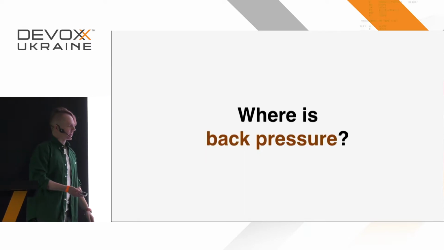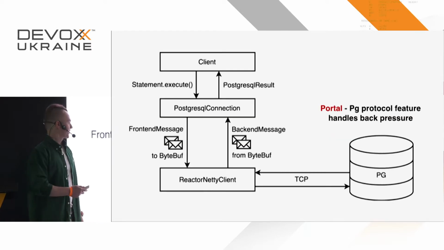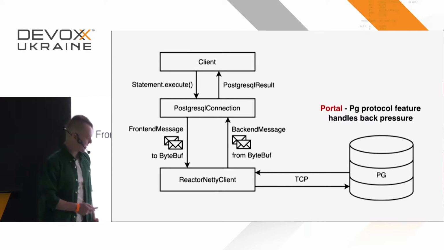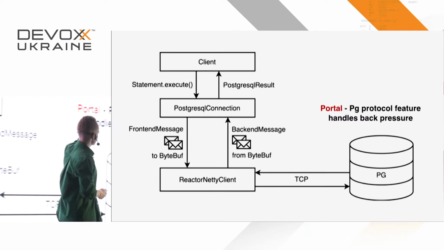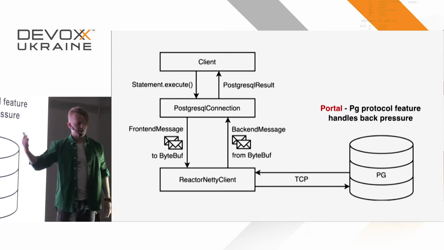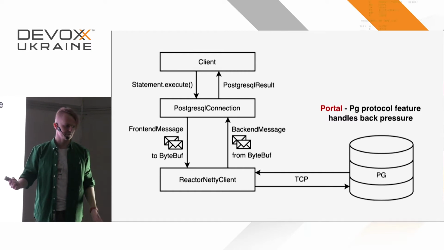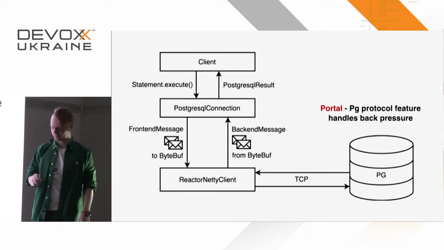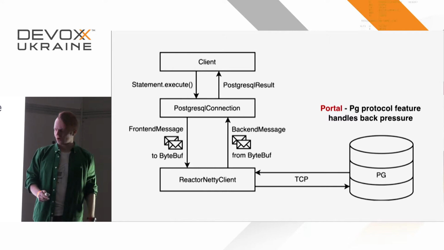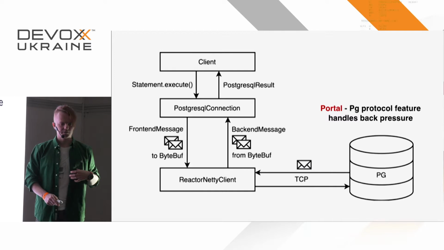And you will ask, where is back pressure? Because it's important for reactive. Yep. And in the case of Postgres, there is a cool feature called portal. It's internal to the protocol itself in the database, but I may send a query and ask to select users with some criteria, and then ask only for a certain number of data rows I'm ready to receive.